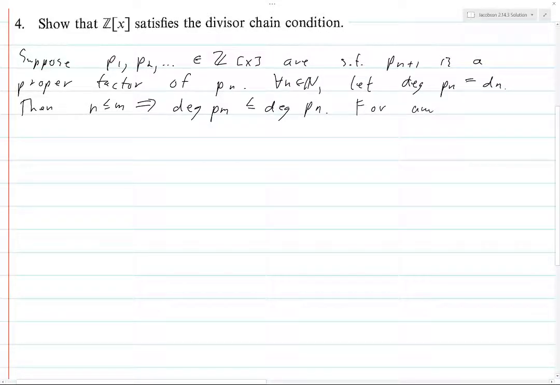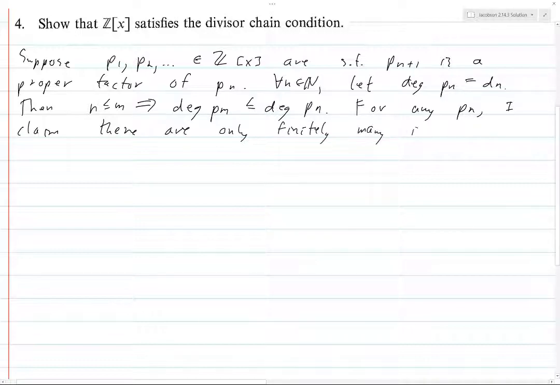For any Pn, I claim there are only finitely many indices m, greater than or equal to n, such that dm is equal to dn.